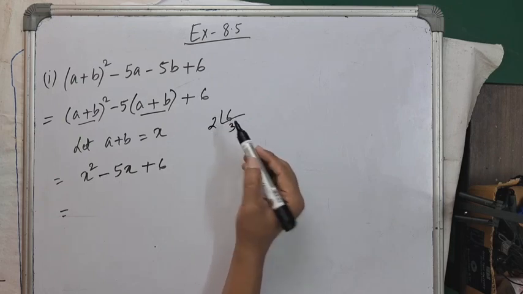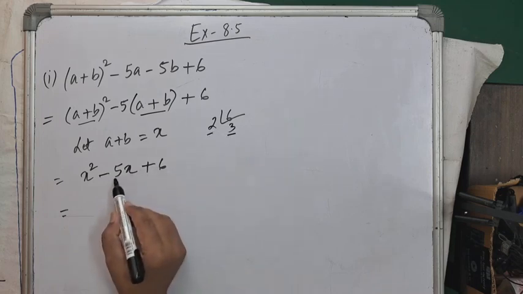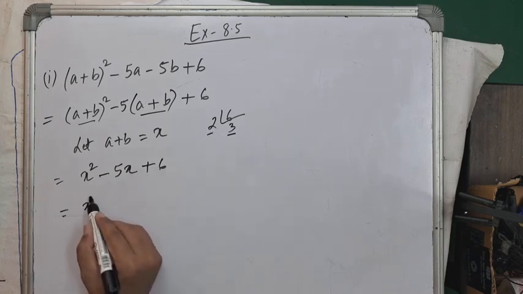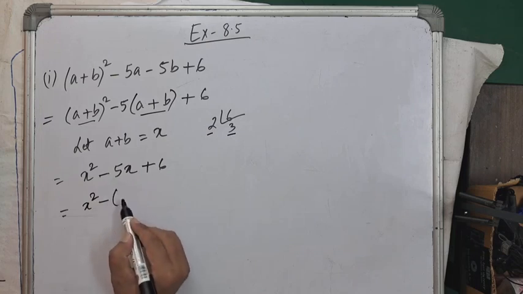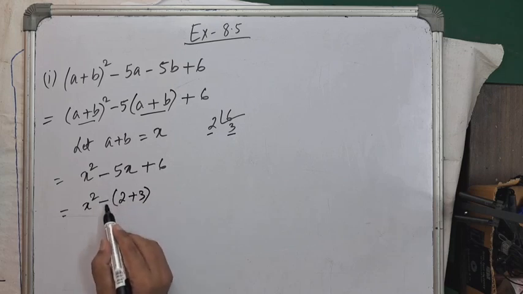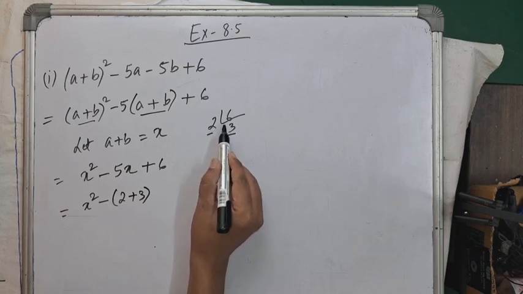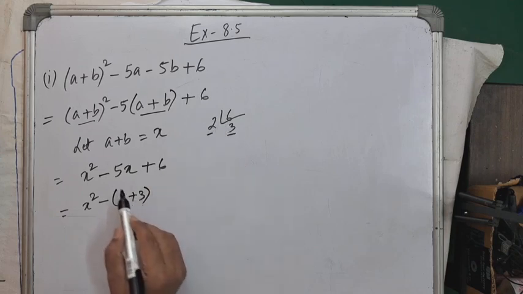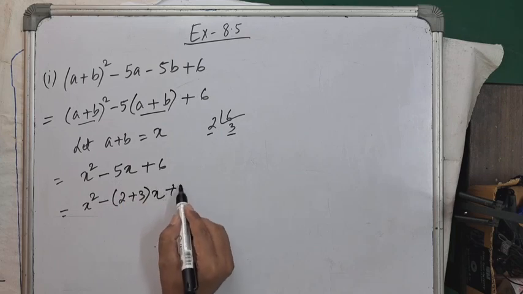When we add 2 and 3, we get this 5. So in x² − 5x + 6, we write 5 as 2 plus 3. 2 and 3 are the factors of 6, and 2 plus 3 is 5.